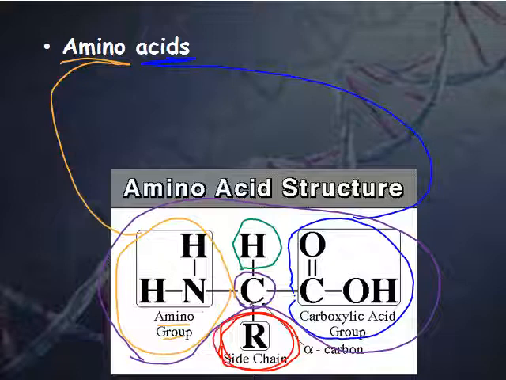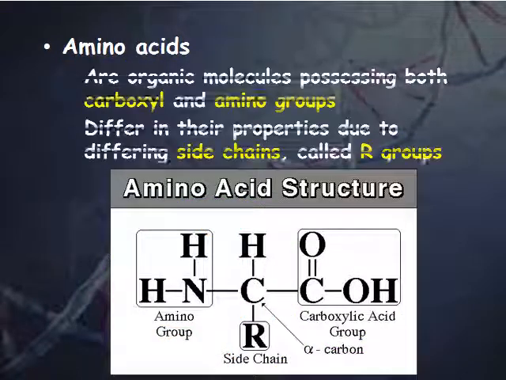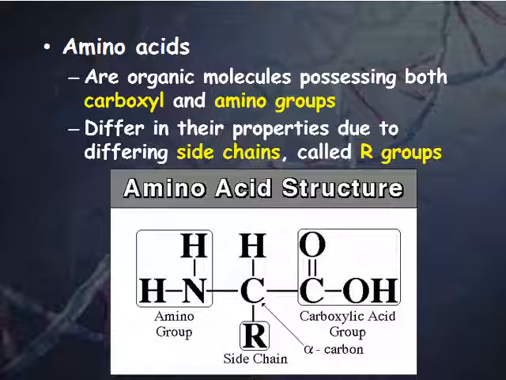And the R group, depending on which one we are using, creates any of the 20 different amino acids. That's where all the variation comes from. So these are organic molecules possessing both a carboxylic and an amino group. And then, of course, we get the different properties of our amino acids from the side chains, or what we call our R groups.